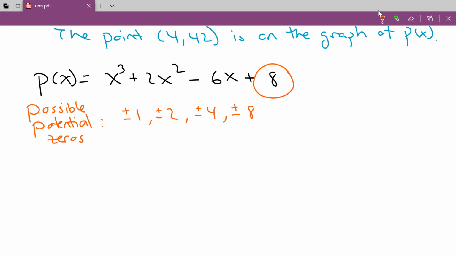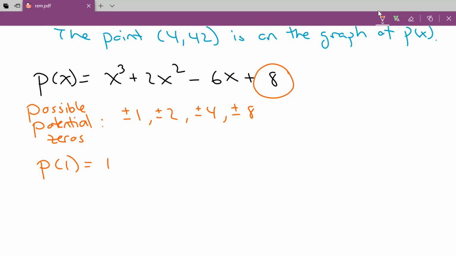These are the things that could potentially make p at x completely equal to 0. Okay, so now here's what we're going to try. Let's just pick one. P at 1.